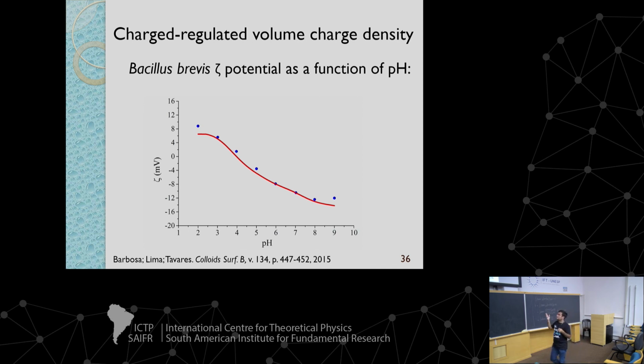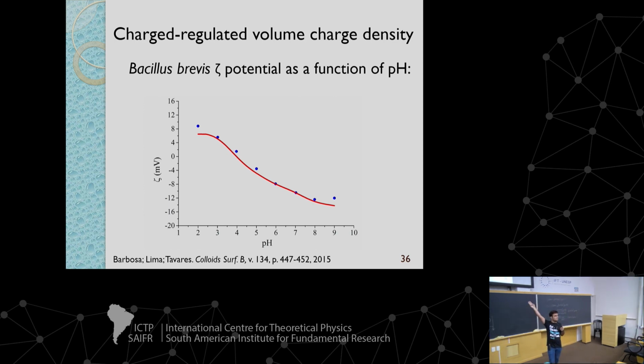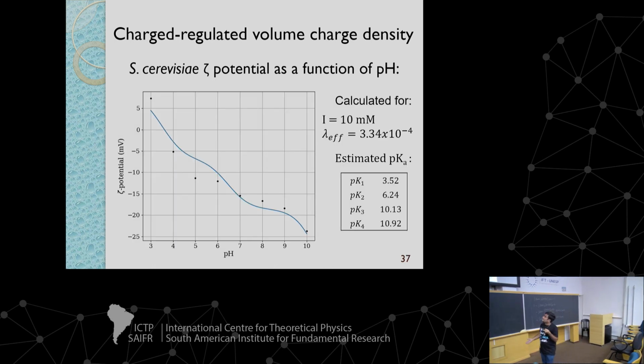So we thought, maybe we can apply the same theory for yeasts, for Saccharomyces cerevisiae, for example. This worked quite well for Bacillus brevis, a gram-positive bacteria. So let's see how it works for Saccharomyces cerevisiae.